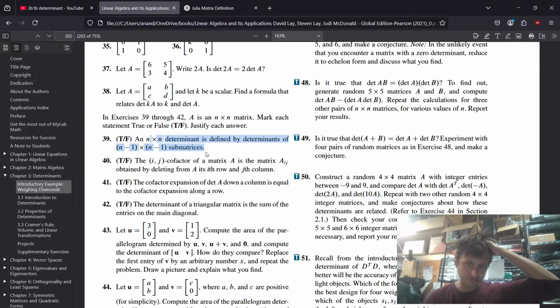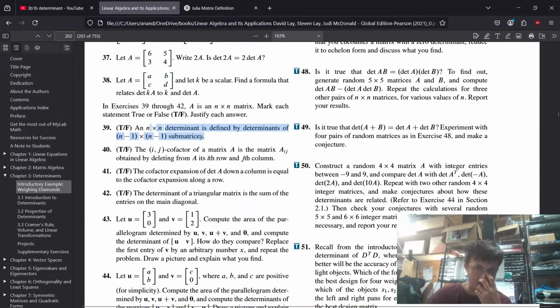The ij cofactor of a matrix A is the matrix Aij obtained by deleting its ith row and jth column. Yep, that's true. 41. The cofactor expansion of det A down a column is equal to the cofactor expansion along a row. Yep, that's true. It would be a totally worthless definition if that wasn't the case. The determinant of a triangular matrix is the sum of the entries on the main diagonal. That is false. It's the product.